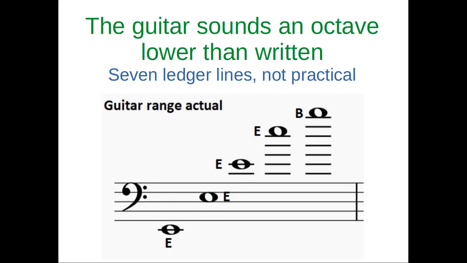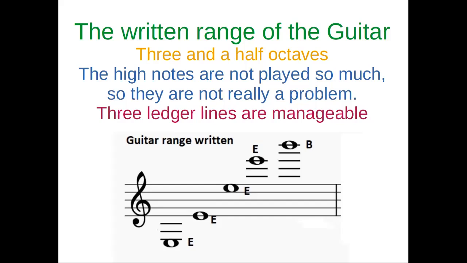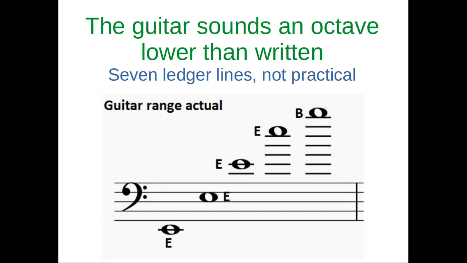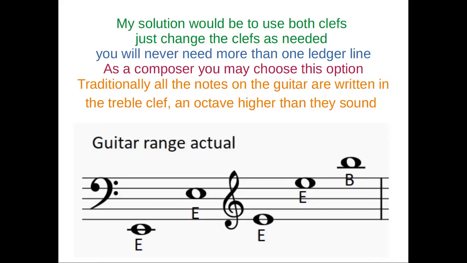And so if we go back to the treble clef, we see that it's more possible on the treble clef. Bass clef, the top notes are a little bit too high. Let's put it that way. The top notes are just a bit too high.